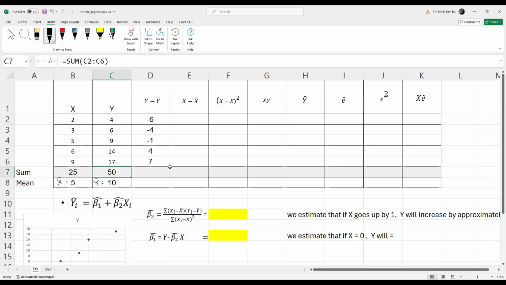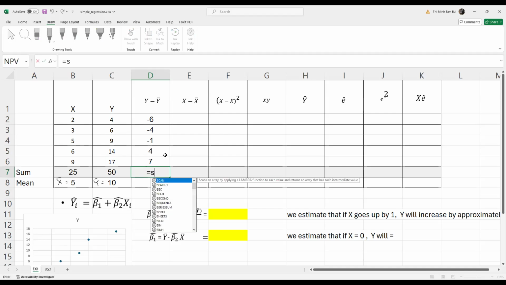And then please sum. This will become sigma y minus y bar. Let's try. What will it equal? Sigma y minus y bar.